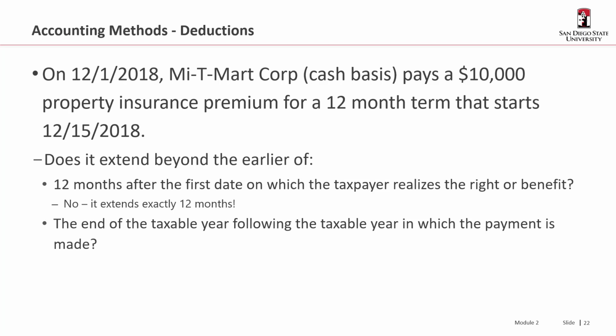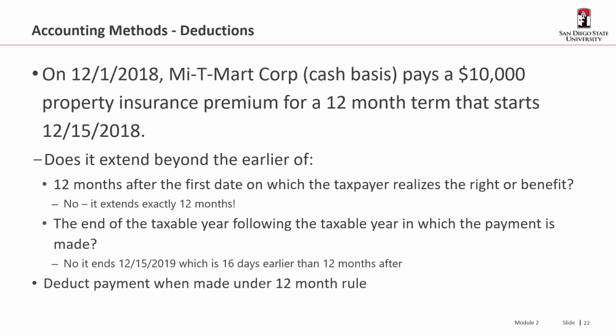The payment is made in 2018. Therefore, the taxable year following that is 2019. So does the benefit period go beyond the end of 2019? The answer is no. It ends in 2019. As a result, Mighty Mart can deduct the entire $10,000 on the date of payment. There is no need for them to capitalize and amortize that cost.